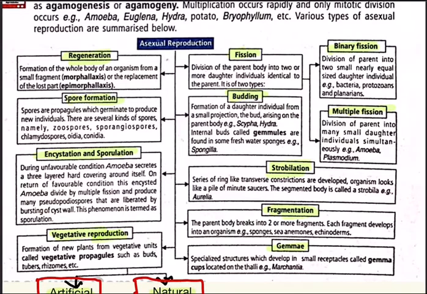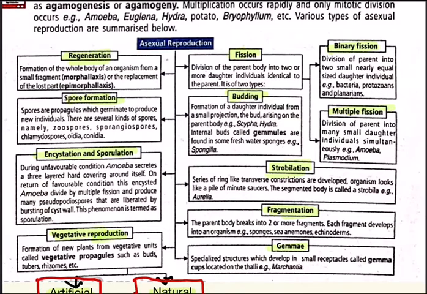On maturity, these buds fall off and develop into younger ones. So daughter individuals form from small external growths, the buds, arising on the parental body. Examples are Scypha and Hydra. In some cases there are internal buds also, called gemmules. These are found in freshwater sponges, particularly Spongilla.